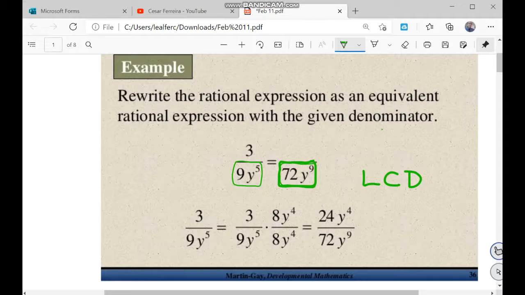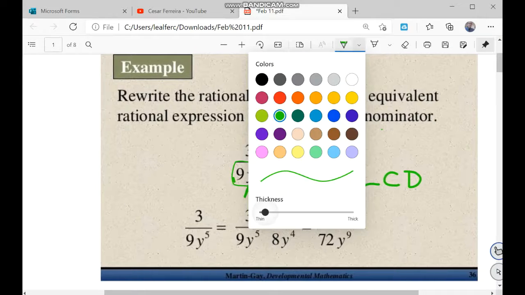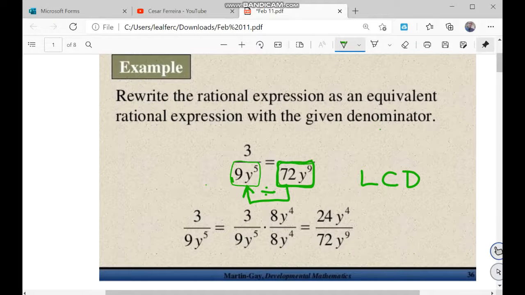To find the equivalent expression, the equivalent fraction, we have to divide the new denominator by the old one, and then we're going to find the result. The result in this case is 8y^4, right?